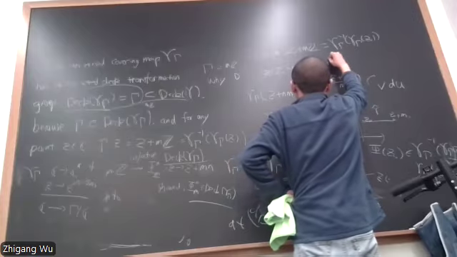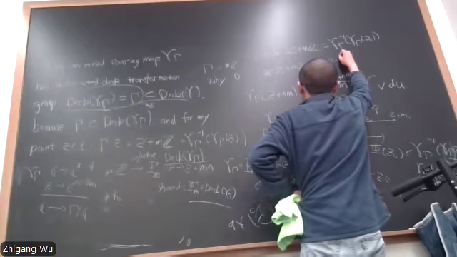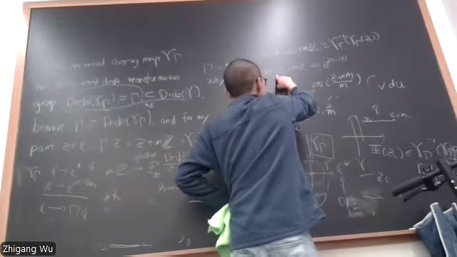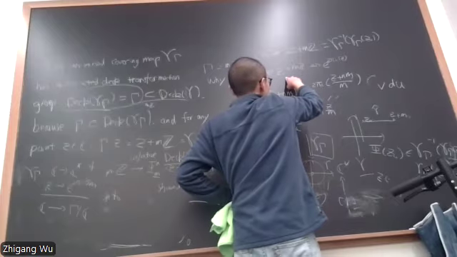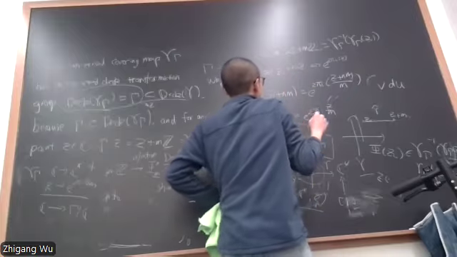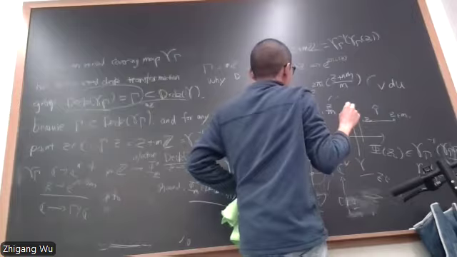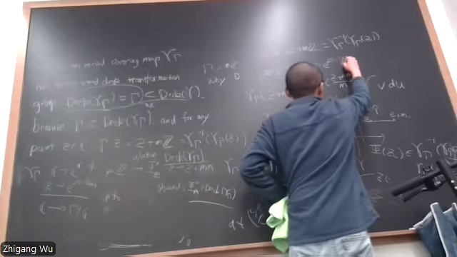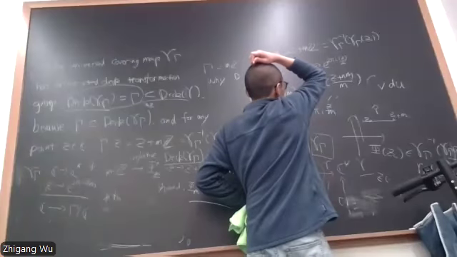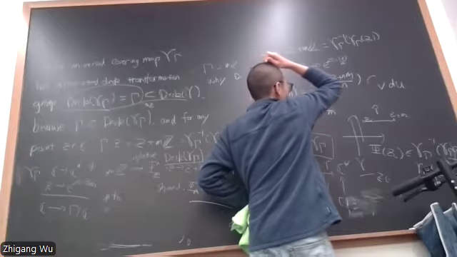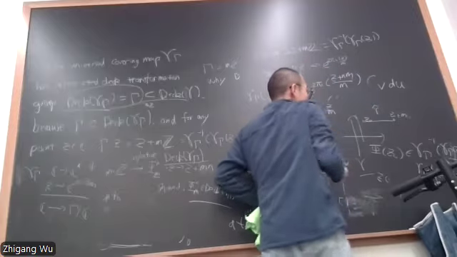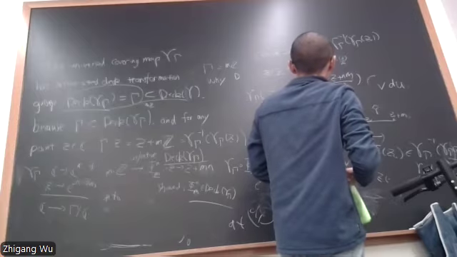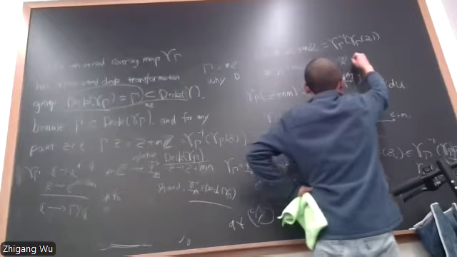If you take e to the 2 pi i z, you just replace z by z naught plus mn, and that's the same thing.